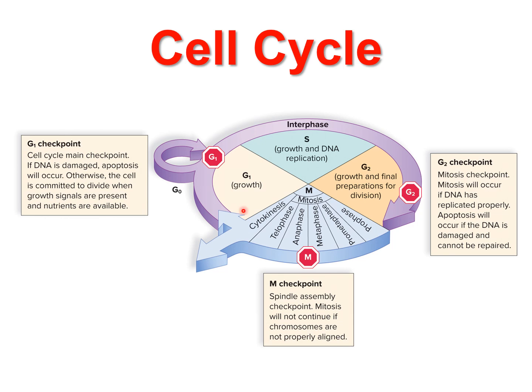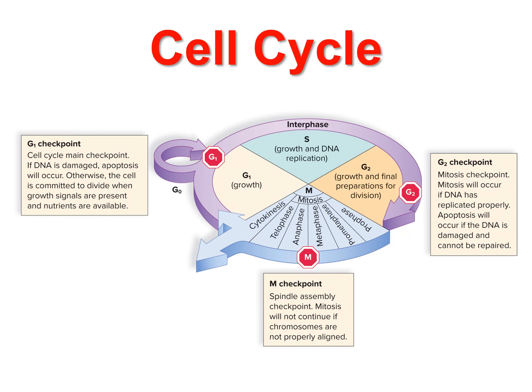What happens is the cell will grow, and if it is stimulated to divide, it'll go past this G1 checkpoint, and then it will begin replicating the DNA. That's what S means. It means synthesis. After you're done replicating the DNA, then you have to get ready for division. You have to double check that the DNA has been correctly replicated, pack up that DNA, get it ready, and off we go into mitosis.